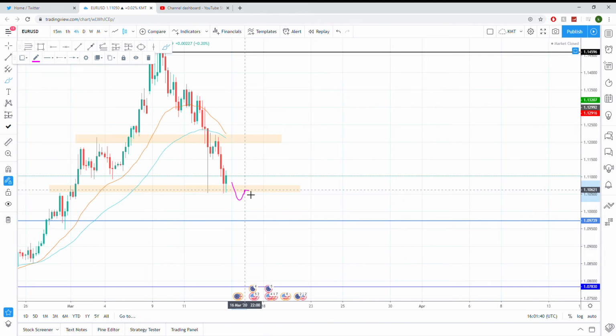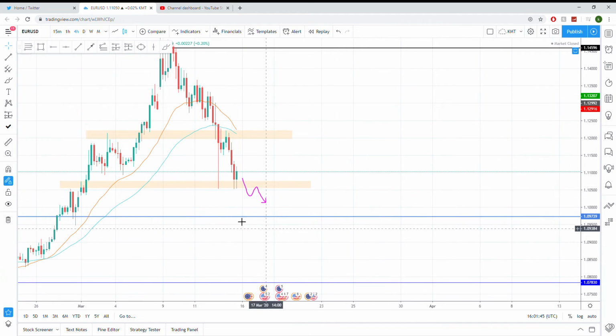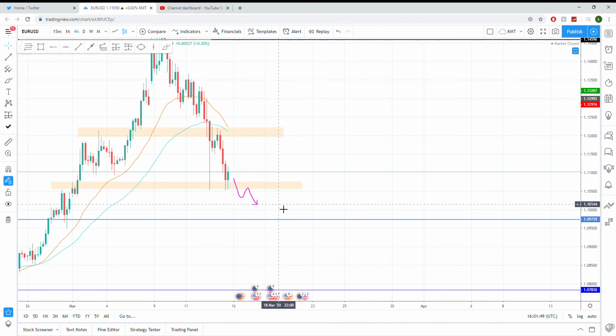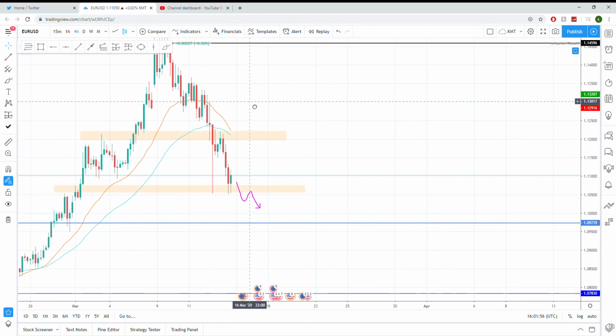So we're looking for that weakness, and then following that bearish momentum. I will be looking to pay further interest in this bearish momentum and see how much we can fall and continue this bearish structure.